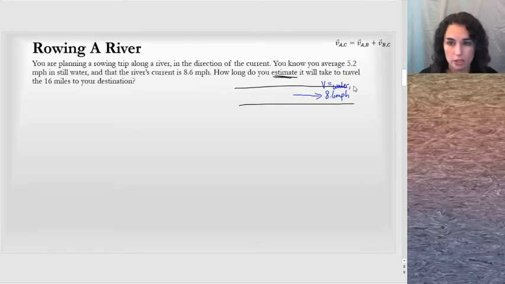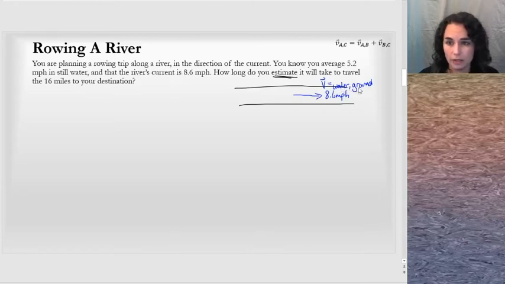The current is water with respect to, well, we're measuring that with respect to the ground, the bank, right? We see the river going by, and that's the current, the velocity of the water with respect to the ground. And I've drawn that vector, and I've assigned its value, and I'm clear what the two objects are.